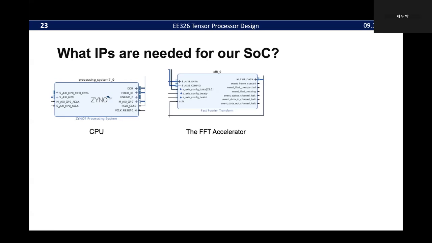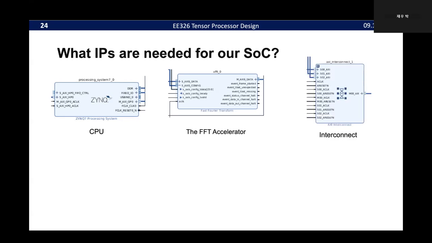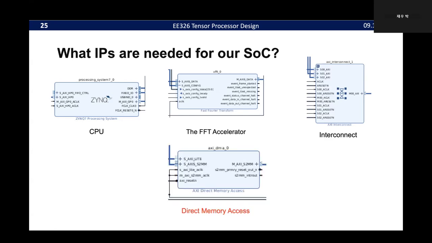So we need the CPU and FFT accelerator, and we need some interconnect so we can wire them up together. But for most memory-intensive accelerators, the interconnect is not enough. We need a new component, which is the DMA, direct memory access.